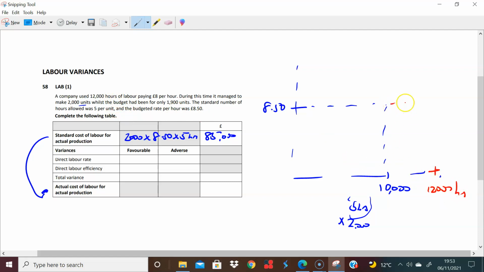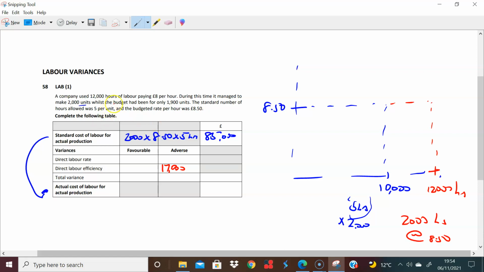So I can tell straight away that what's happened here is you've used 2,000 hours too many. And of course, at the standard 50, 2,000 hours times £8.50 gives a variance of 17,000. So you have an adverse variance of 17,000. That's the first thing that you have.